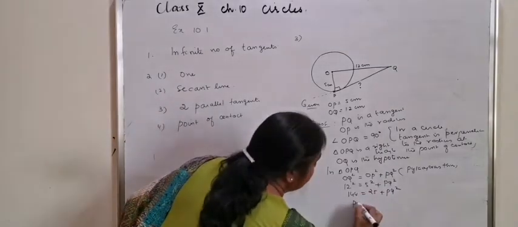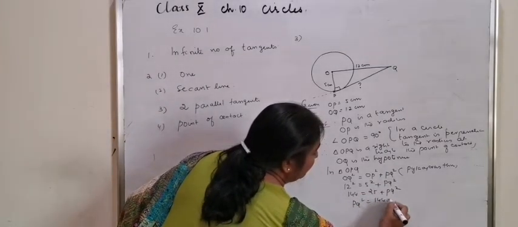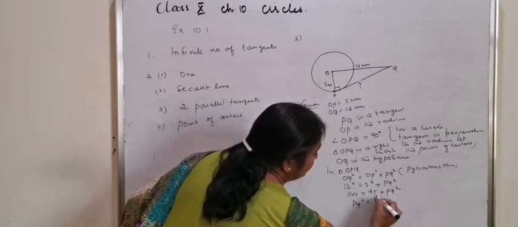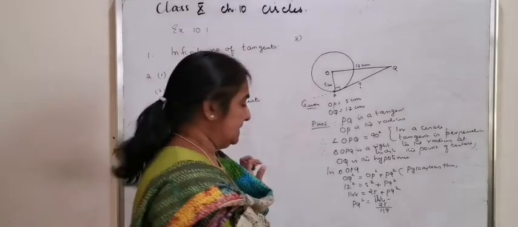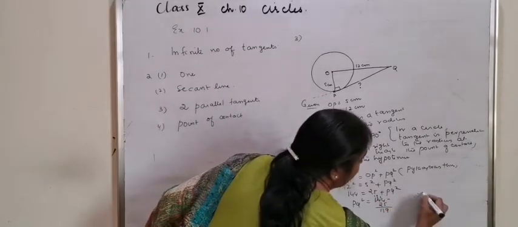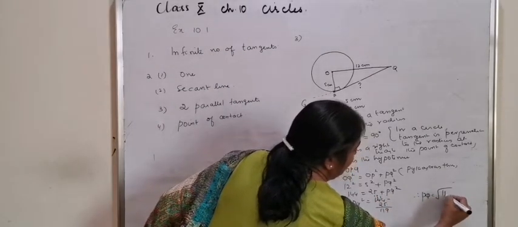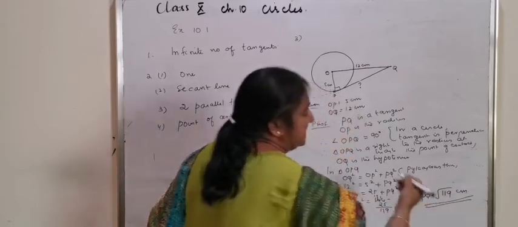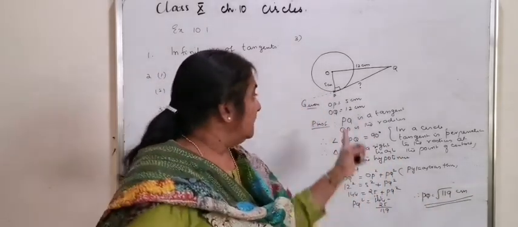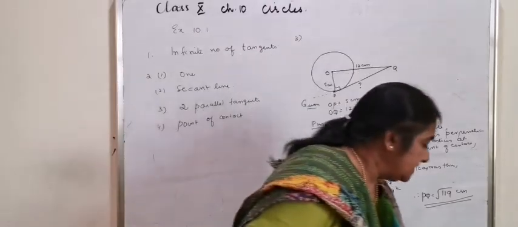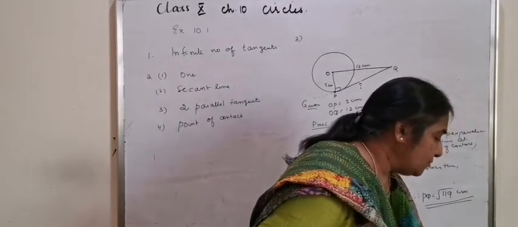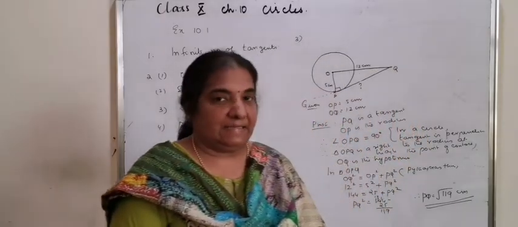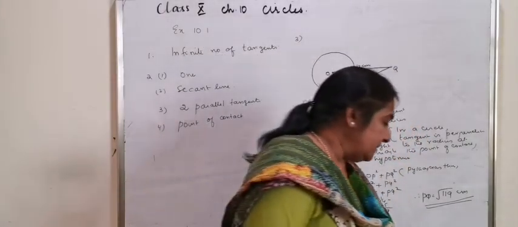PQ square is equal to 144 minus 25, 119, therefore PQ is equal to square root of 119 centimeter. That is the length of PQ, the tangent. The length of tangent is root 119 centimeter. That is option D. The last question.